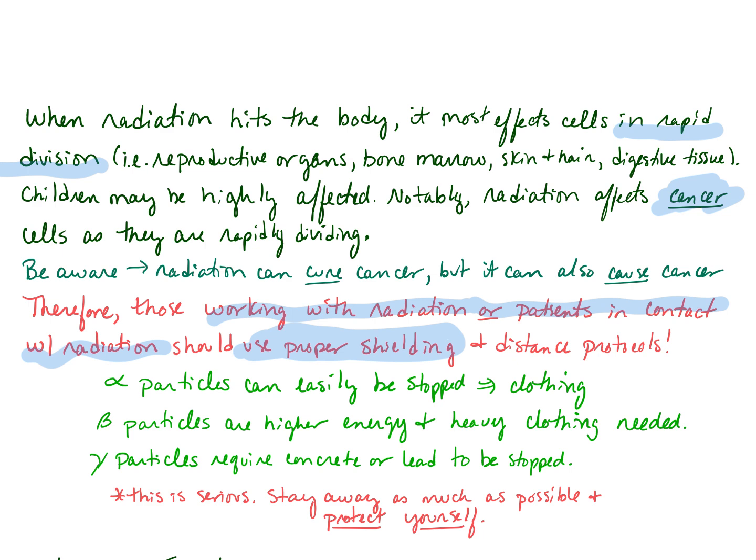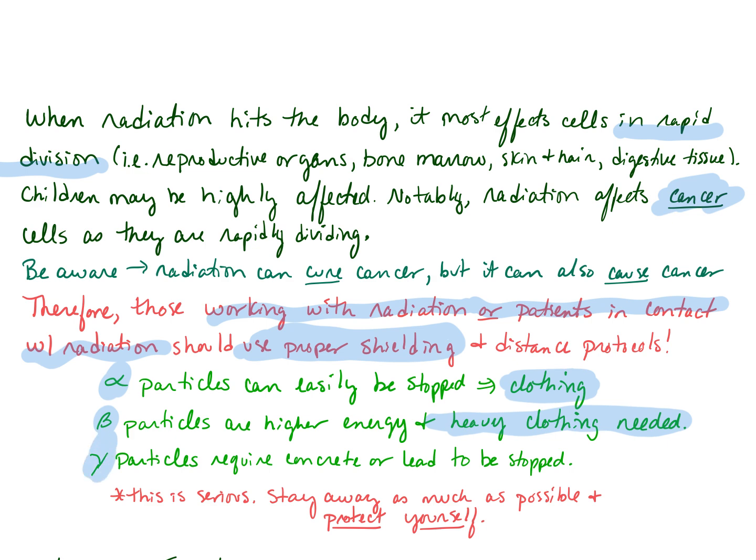If you're just getting radiated with alpha particles, that can be easily stopped. Your clothing is going to stop that. Your clothing would not allow alpha particles to get through to your body. Beta particles, on the other hand, are higher in energy, therefore heavy clothing is going to be needed.